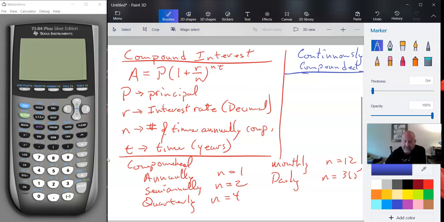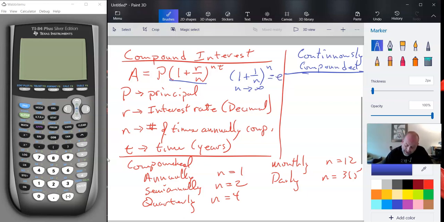Okay, if something is continuously compounded, that means N is infinity. Now, if you remember the definition of E, it was 1 plus 1 over N to the N as N goes to infinity. Well, you notice that really looks a lot like this thing, doesn't it? Right?